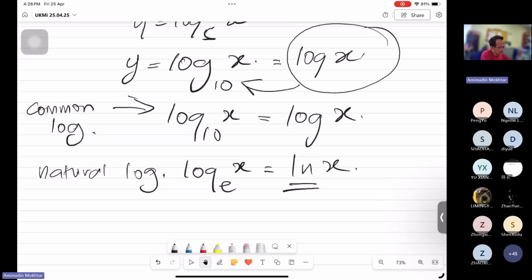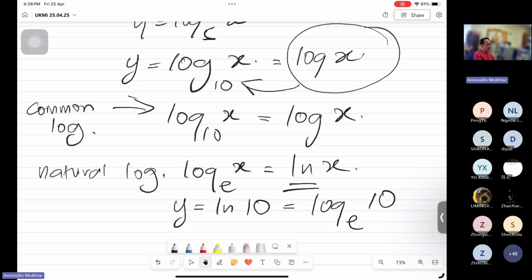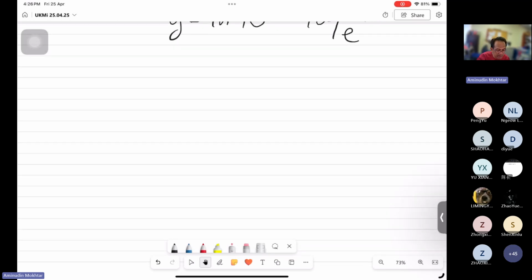So in other words, if I write y equals ln 10, this is also y equals log base e of 10, because there is a connection here.